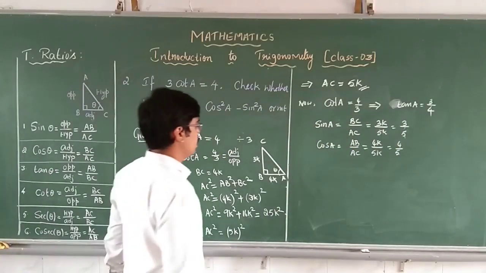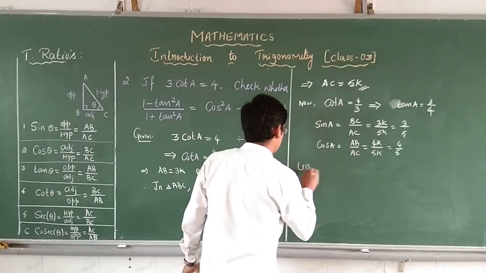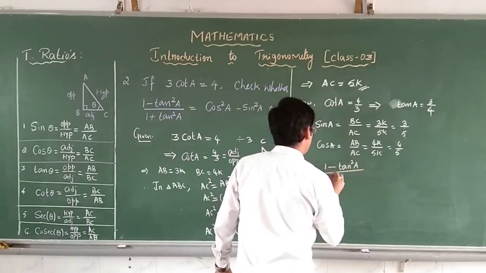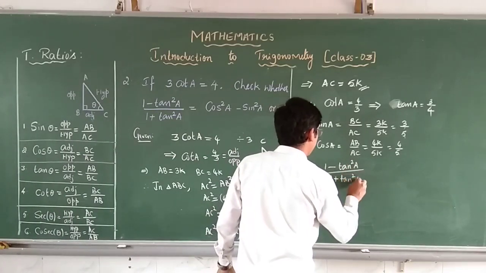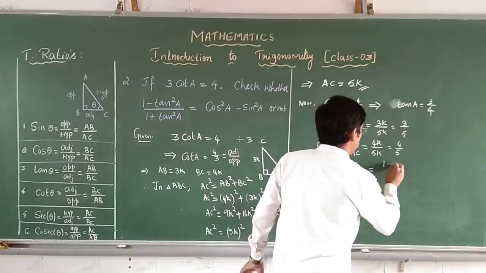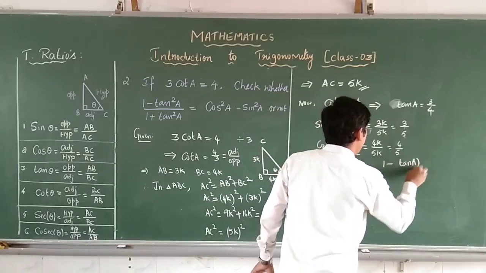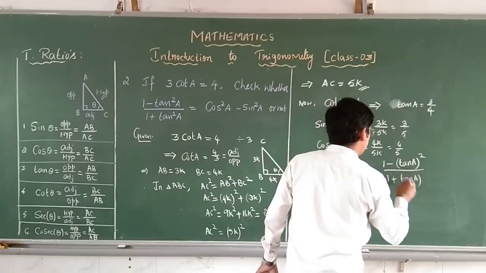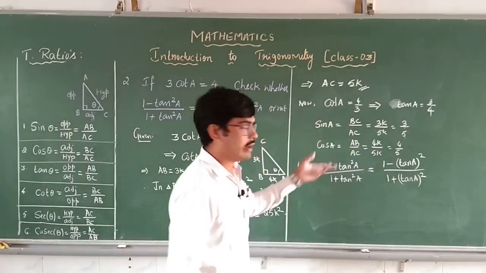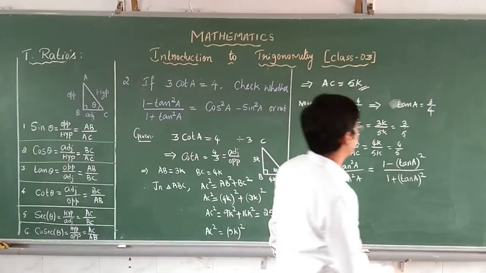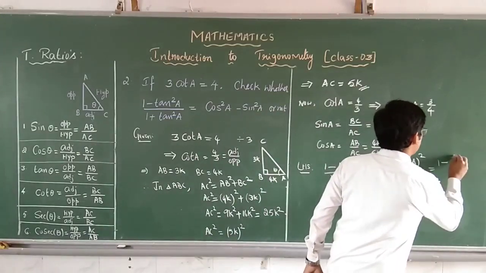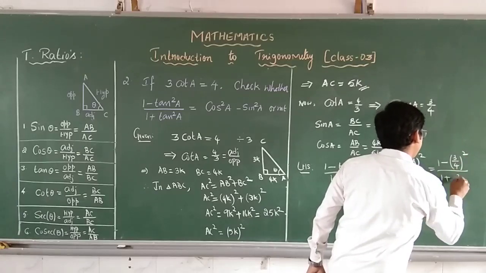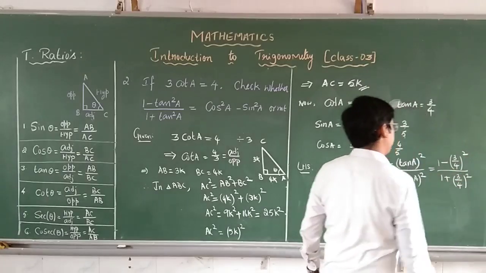Now simplify. First take the LHS. What is the LHS? 1 minus tan square A divided by 1 plus tan square A. This can be written as 1 minus tan A whole square divided by 1 plus tan A whole square. In the previous problem we observed that tan square A can be written as tan A whole square. What is tan here? 1 minus 3 by 4 whole square divided by 1 plus 3 by 4 whole square.